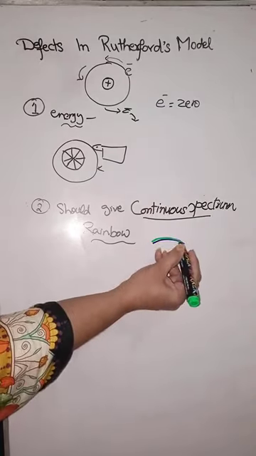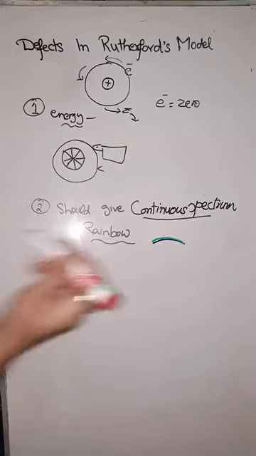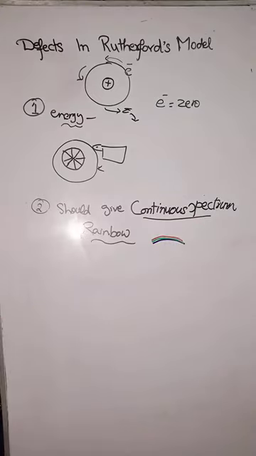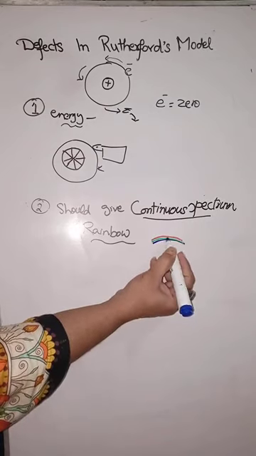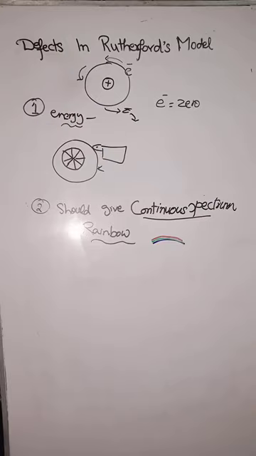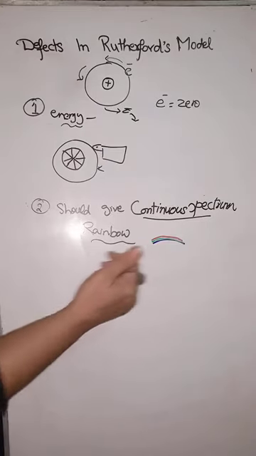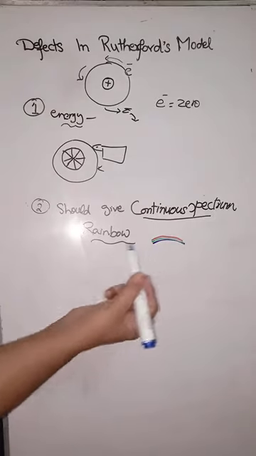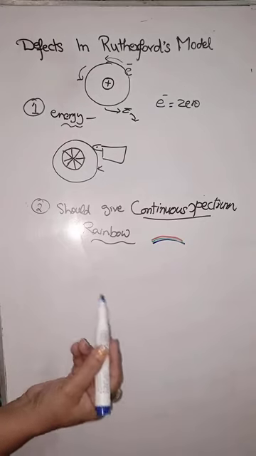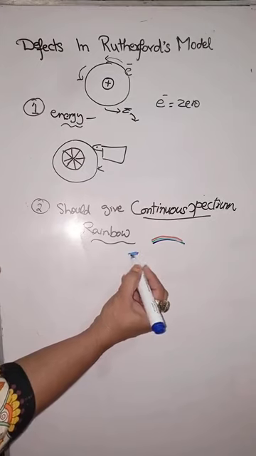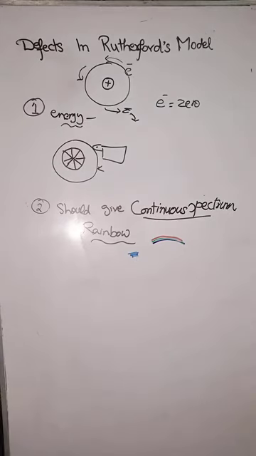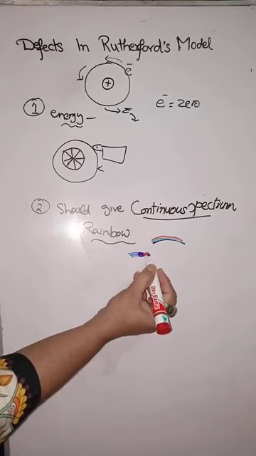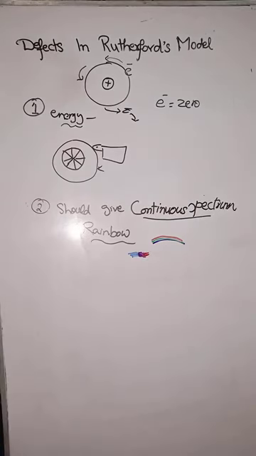Then blue color, similarly green, yellow, red color, and somewhere here blue color, etc. Now these colors merge into each other in such a way that we don't know from where one color is starting and at which point the color is ending.